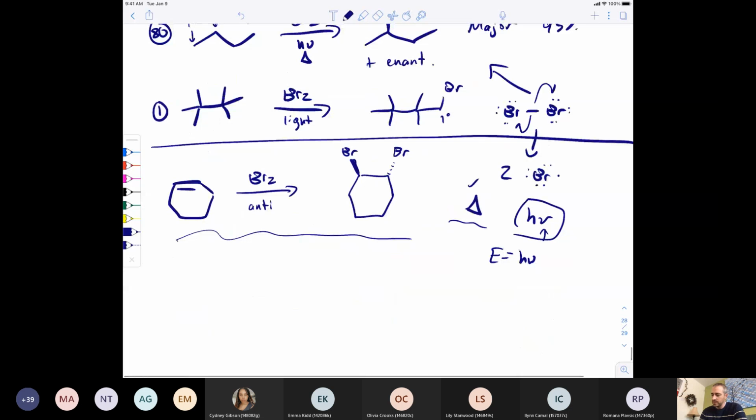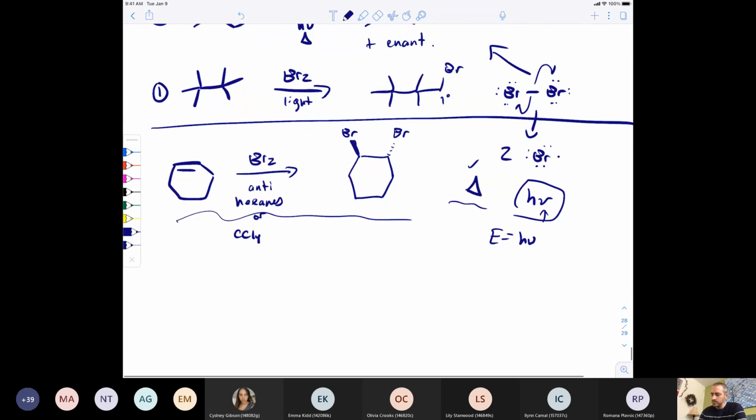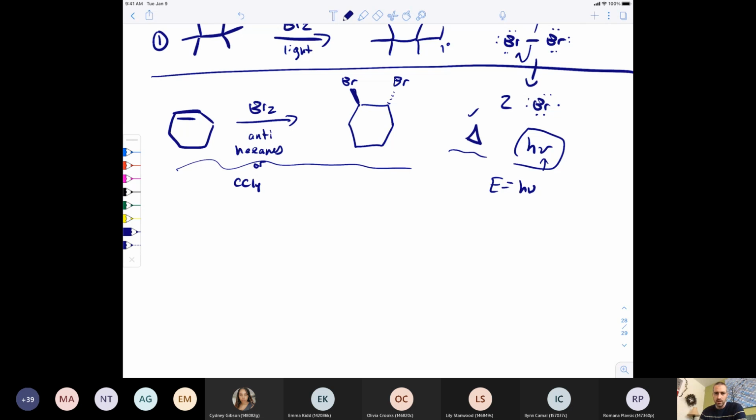Sometimes you see this reaction done in a variety of solvents. Typical is a nonpolar solvent like hexanes or CCl4, which are common ones that you see for this. But sometimes you see it done in a nucleophilic solvent, a solvent that can be a nucleophile. An example would be water.